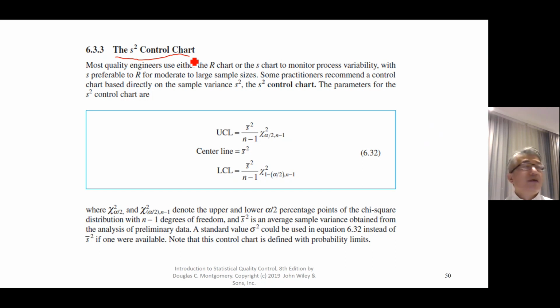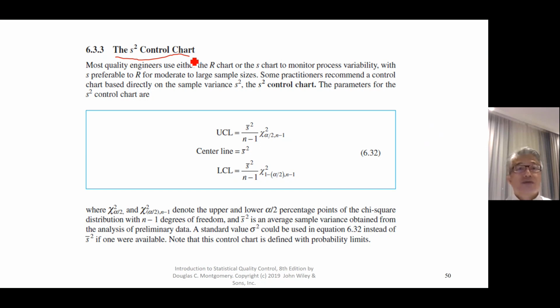Typically S square is a statistic which does not conform to the normal distribution. Instead, it is more like a log normal distribution.